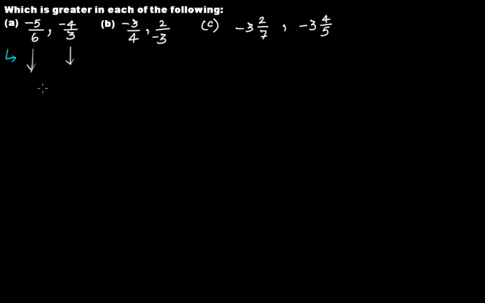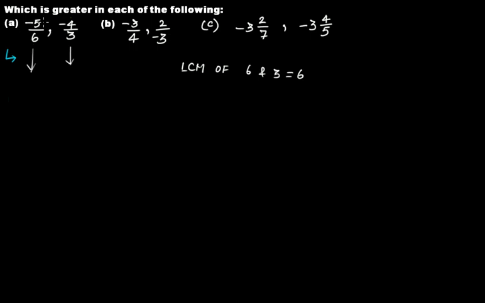And in order to find the same denominator, what we do is we first take the LCM of 6 and 3. If we take the LCM of 6 and 3, it comes to 6. So now you have to convert this rational number such that the denominator is 6.